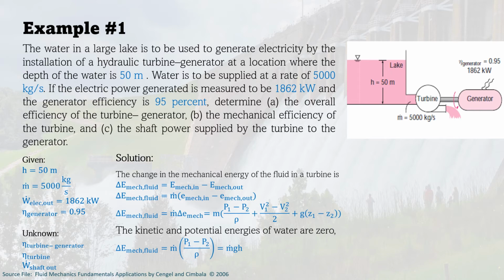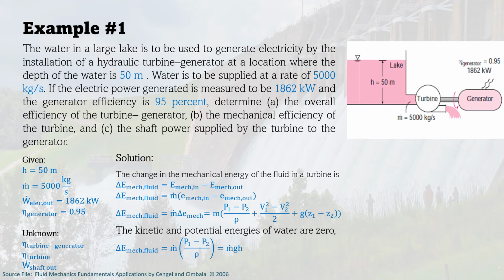So that's why we can write the change in mechanical energy of the fluid in this form. If we cancel out the kinetic and potential energy, then the change in mechanical energy is just the product of the mass flow rate and the change in the flow energy, which is P1 minus P2 divided by the density, which is also equivalent to the mass flow rate, the gravity, and the height.